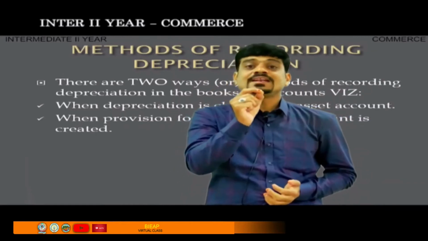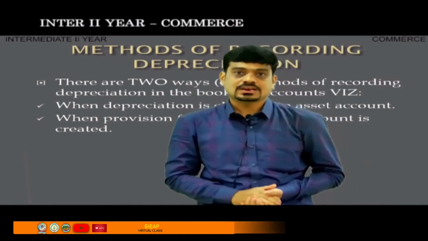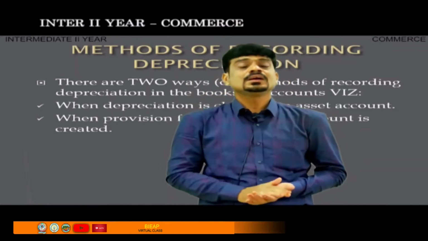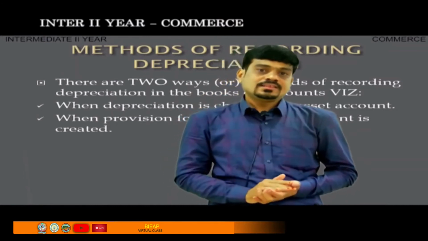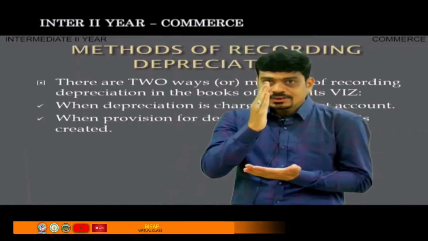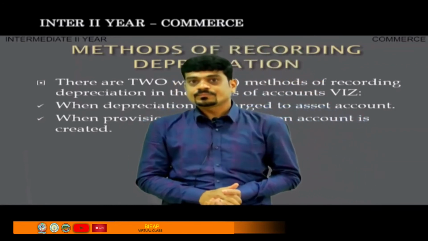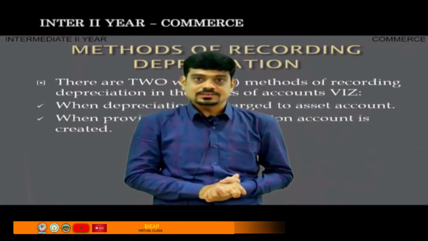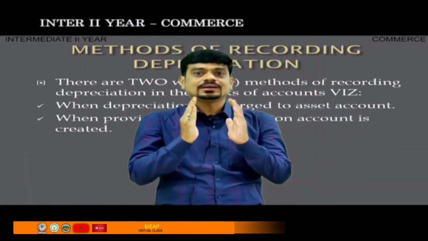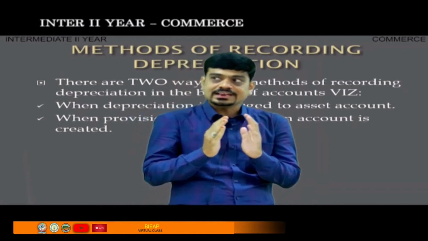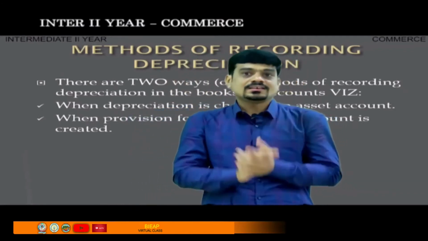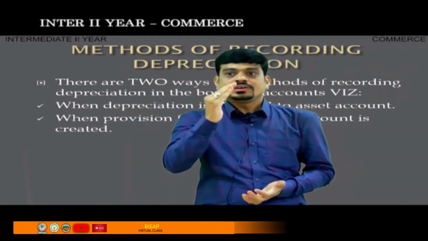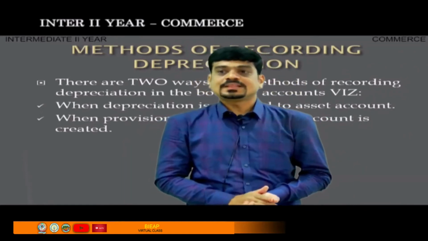Sometimes we even call it the accumulated depreciation account. Two methods are there, but at your intermediate level, we follow the first method, where depreciation is directly charged to the asset. So let us learn about the first method now.